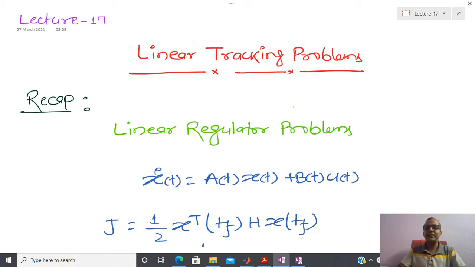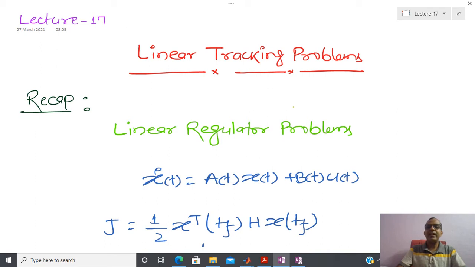For that, we have taken a very special class of system, that is linear time varying system, and we found that the same kind of result is equally valid if we take a linear time invariant system.